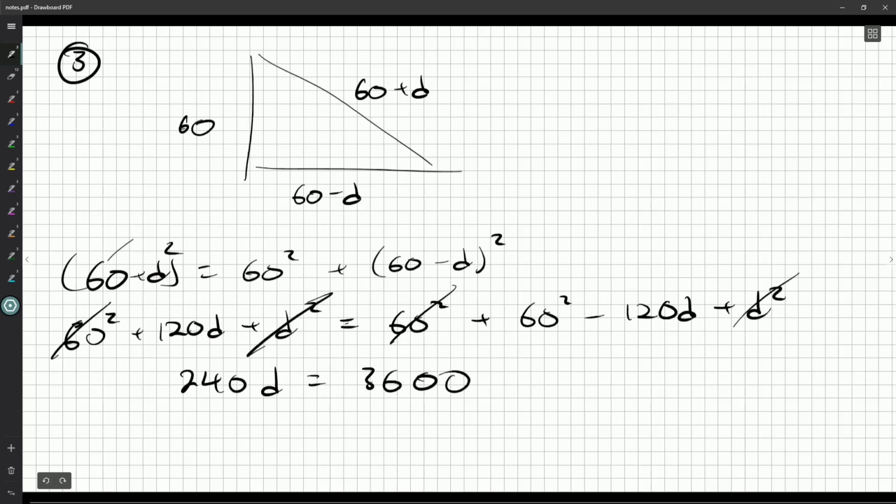Divide by the 240 on both sides, and we'll get d is 15. And that'll lead us to another triangle. So 60, 75, and 45.